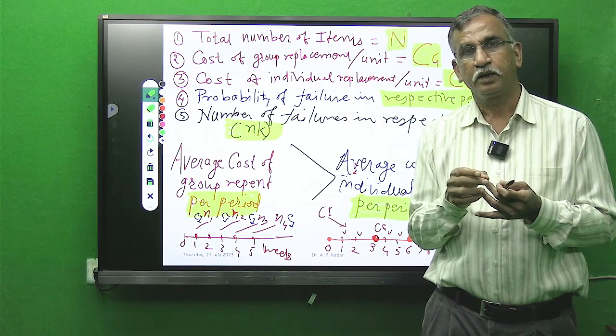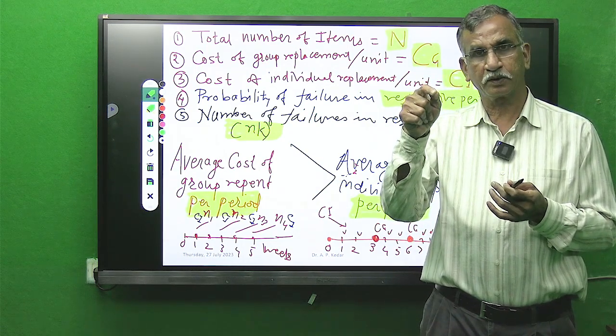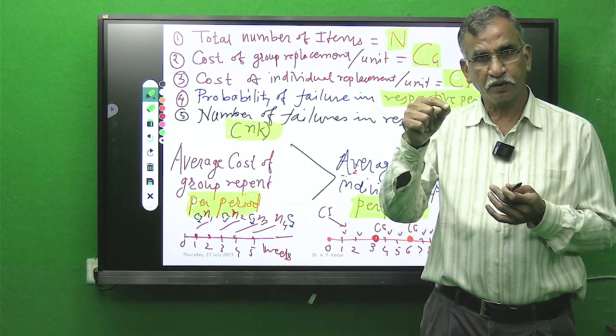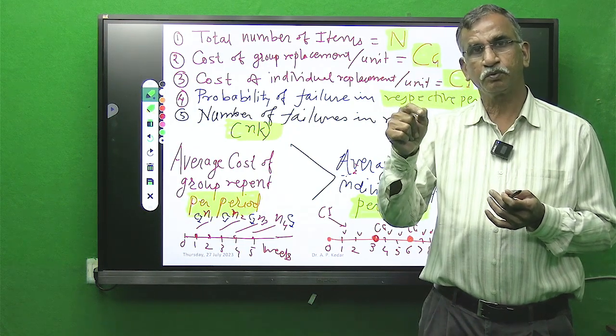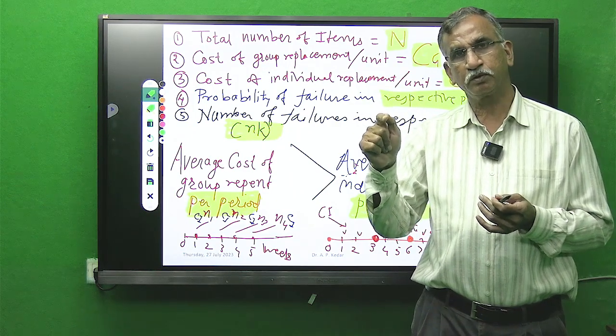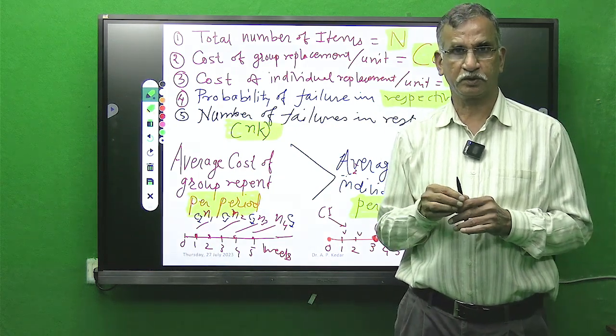So if I go on multiplying year into probability of failure, year 1 into probability of failure of year 1, plus year 2 into probability of failure of year 2, plus year 3 into probability of failure of year 3, this will give me the average life.